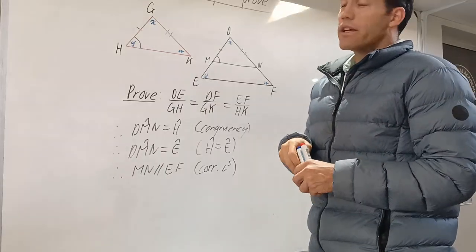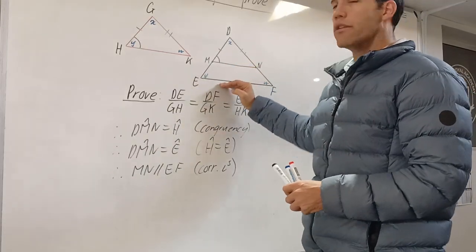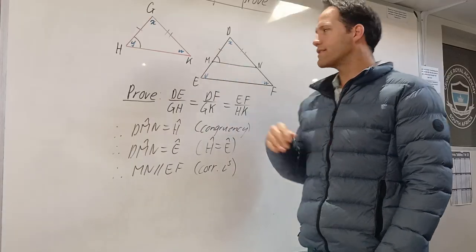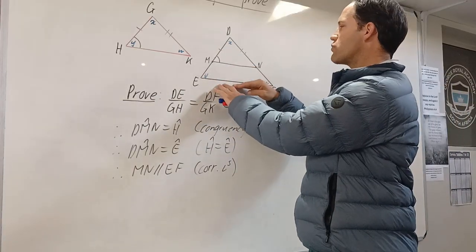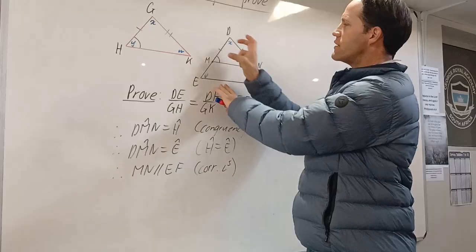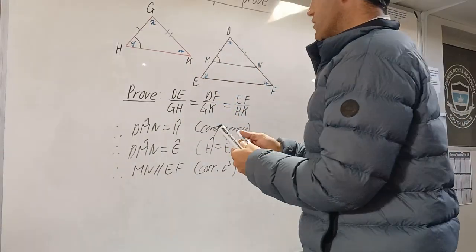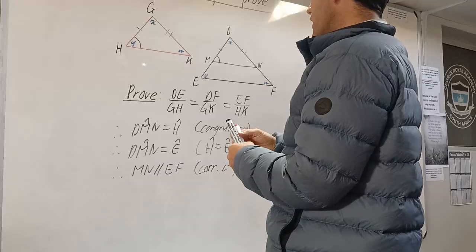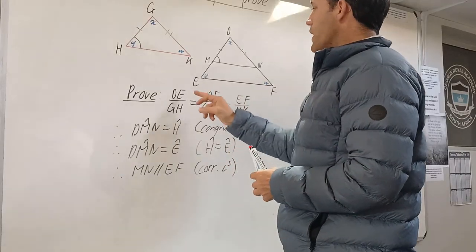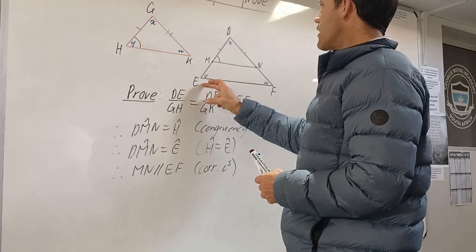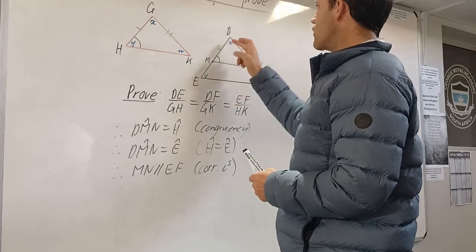And think about it, if the lines are parallel, then you can go back to the previous theorem that says when one line is parallel to another one, the sides are proportional. So because we showed that, we can now prove DE over DM.